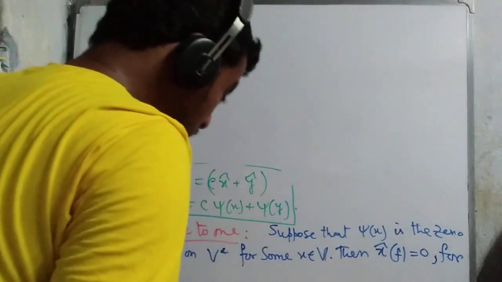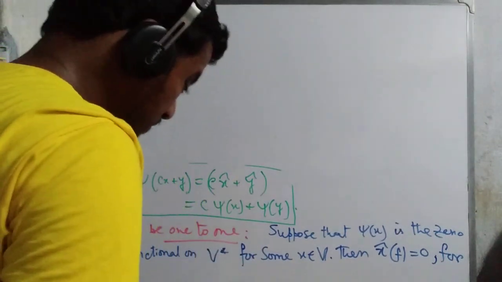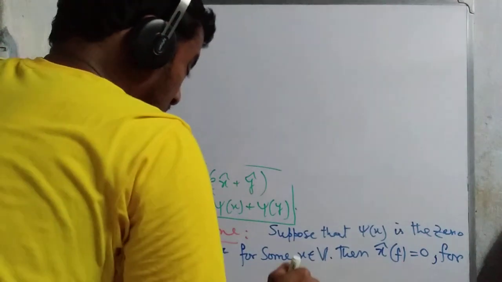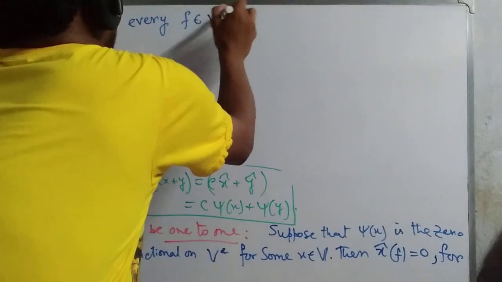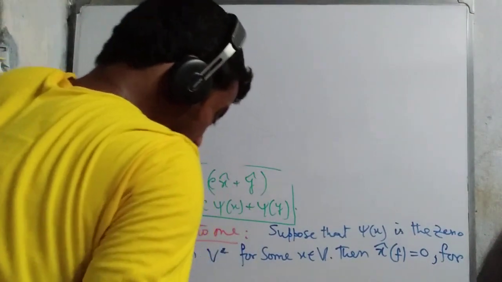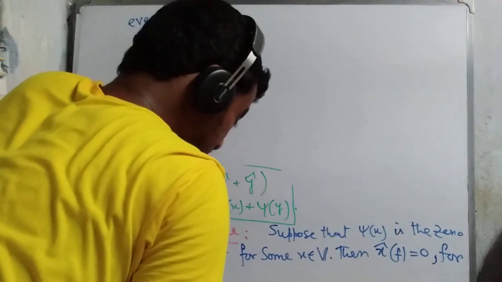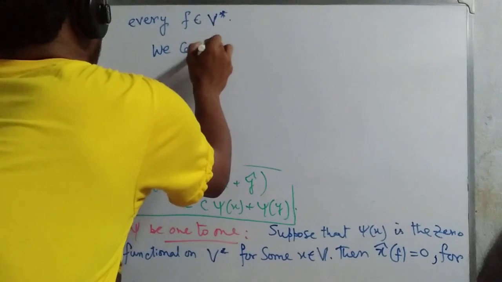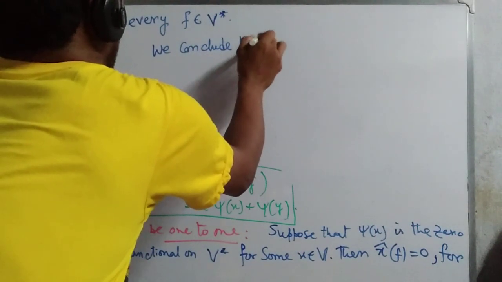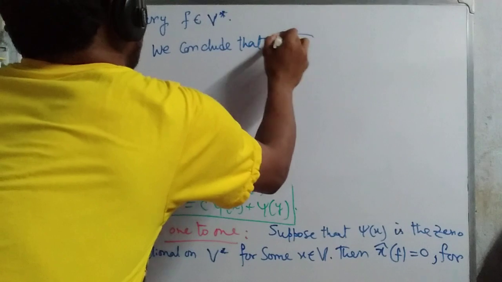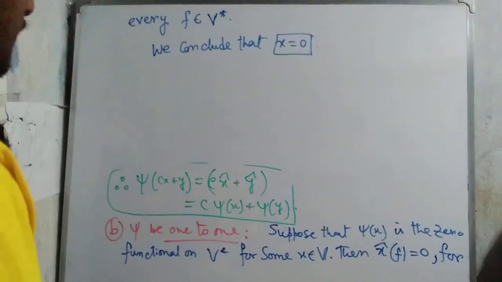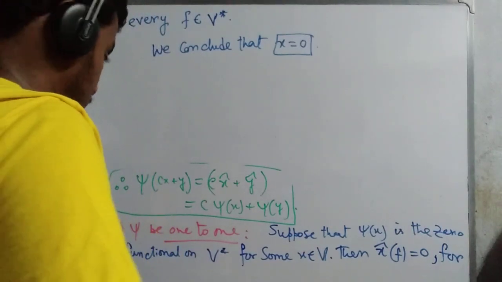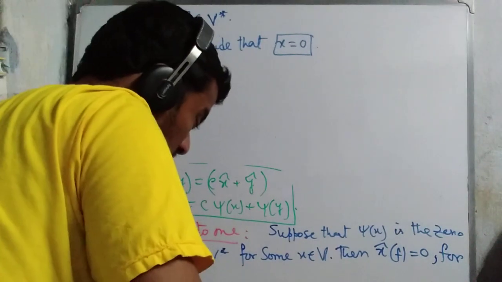For every f belongs to V star, then obviously we conclude that x equals 0.